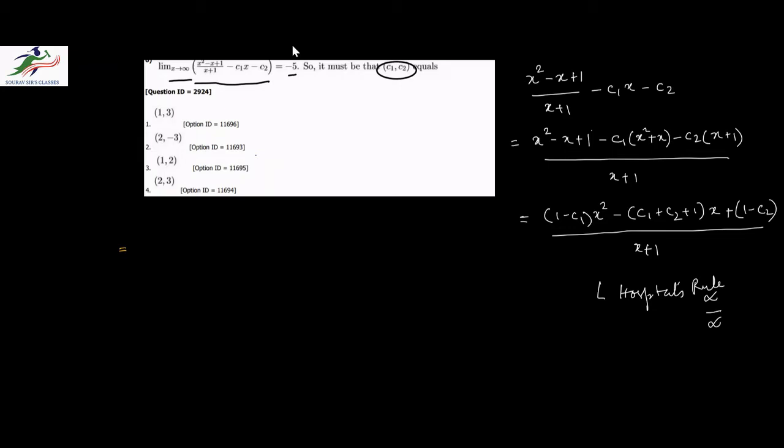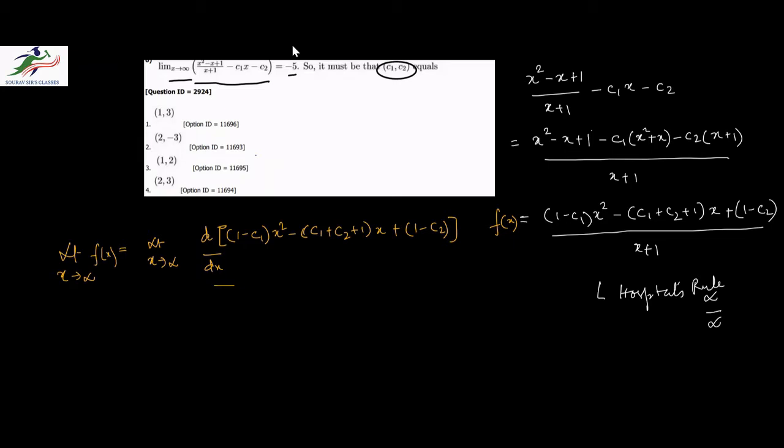So the limit x tending to infinity of f(x) will be equal to the limit x tending to infinity of the differential of the numerator, which is 1 minus c1 into x square minus c1 plus c2 plus 1 x plus 1 minus c2, with respect to x, over the differential of x plus 1 with respect to x.